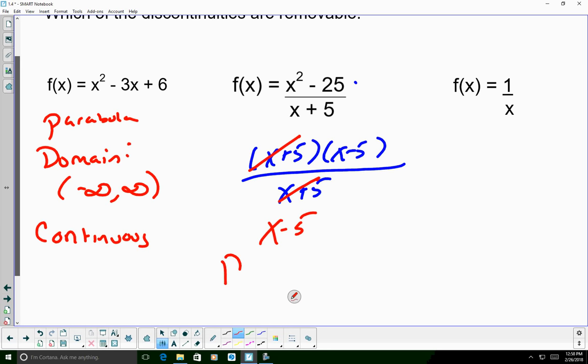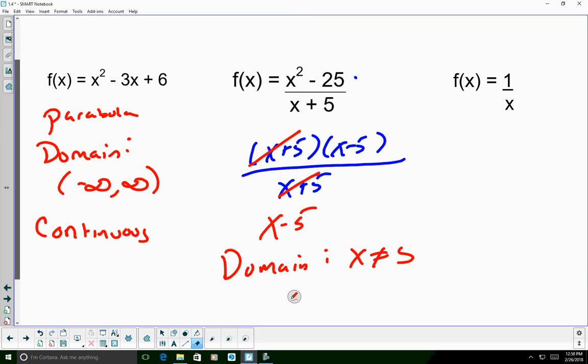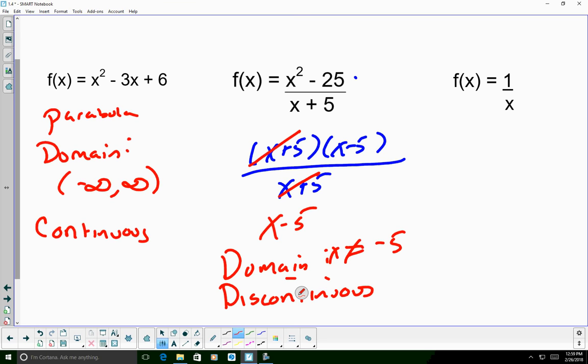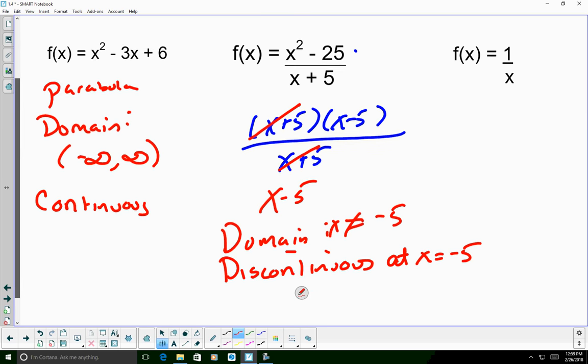So here my domain will be all real numbers, except x cannot equal negative 5. So the graph is discontinuous at x equal to negative 5. But since it simplifies and gives the same graph as another function that is continuous, I'm going to say it's a removable discontinuity.